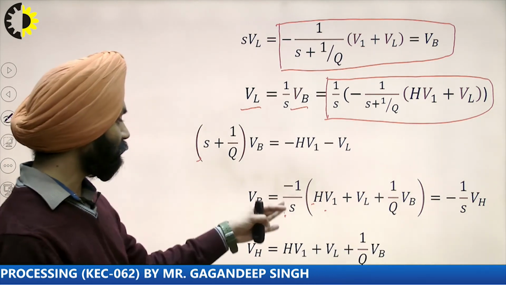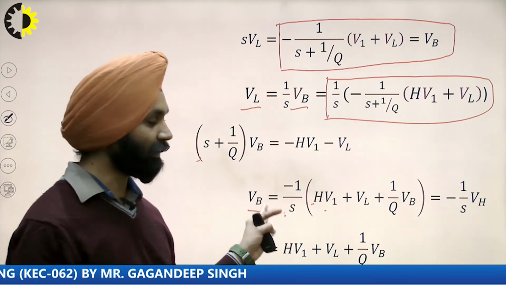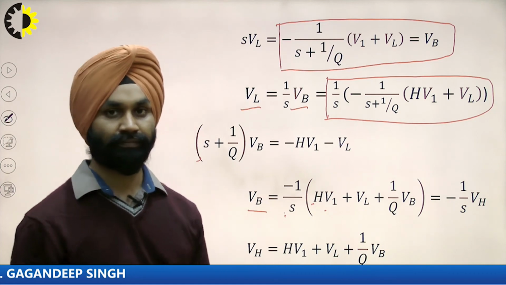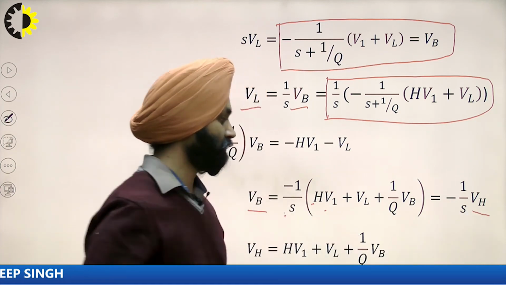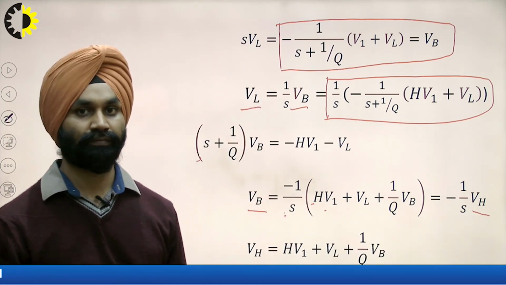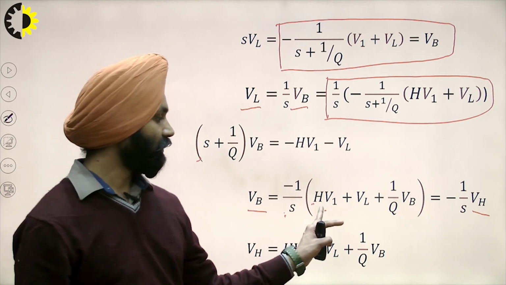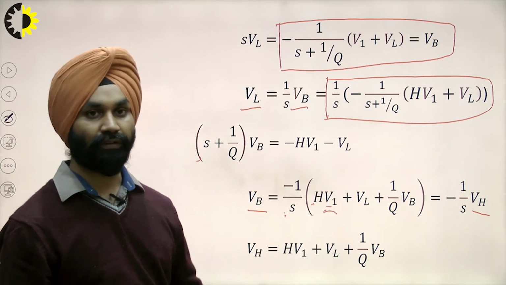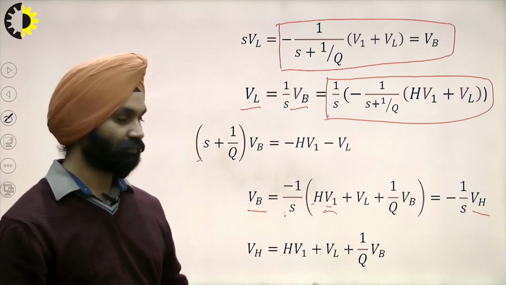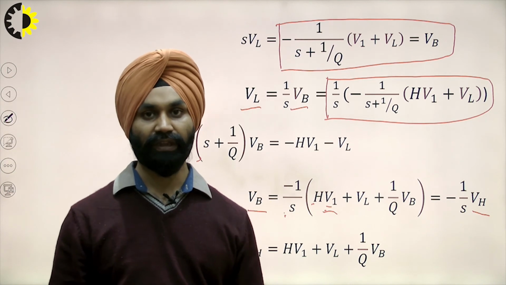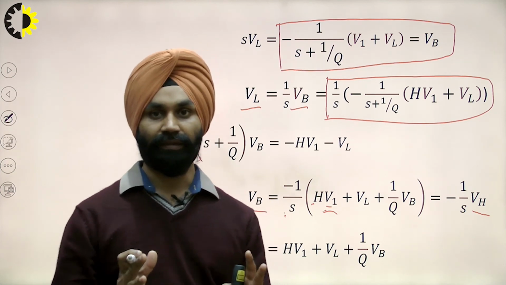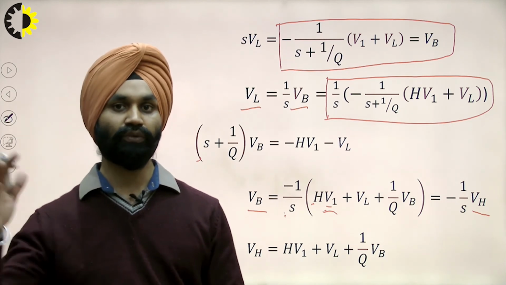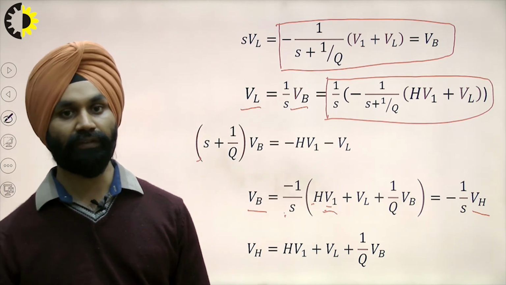Let us suppose that is VH equals 1 by S. Where we have the initial value plus the VL value, V1, that whole thing will shift the initial value to low values, and it will give VB some other values, high values.